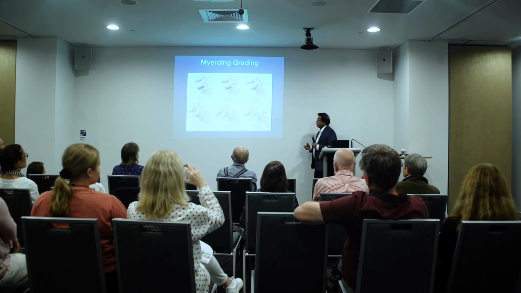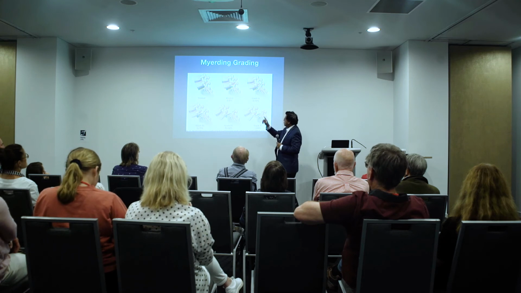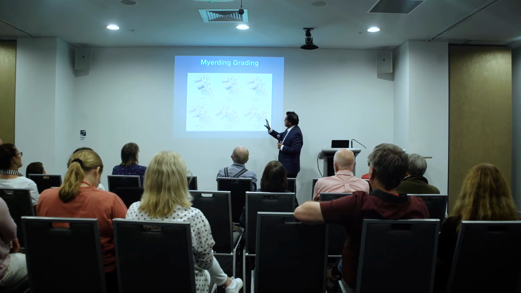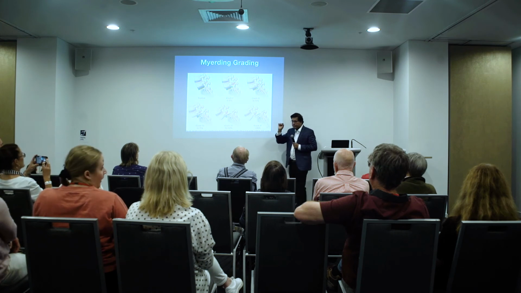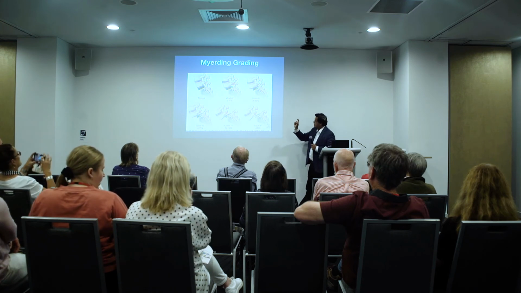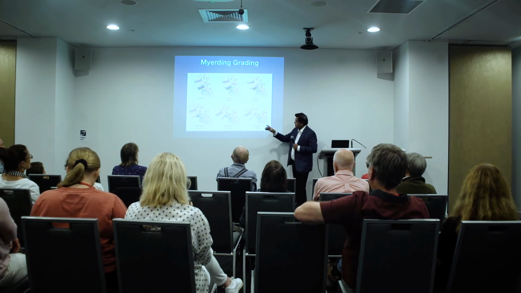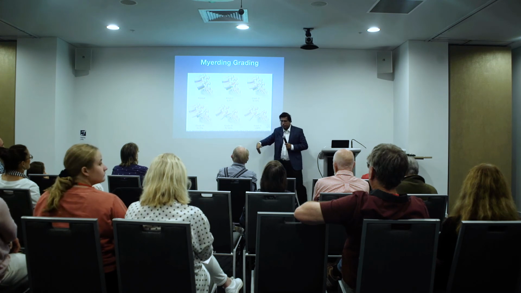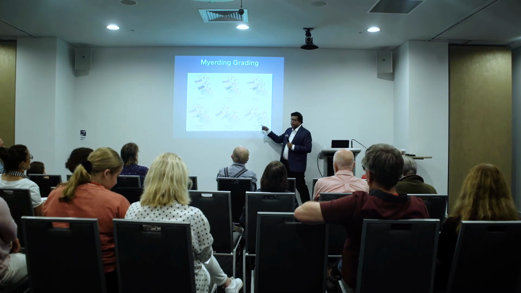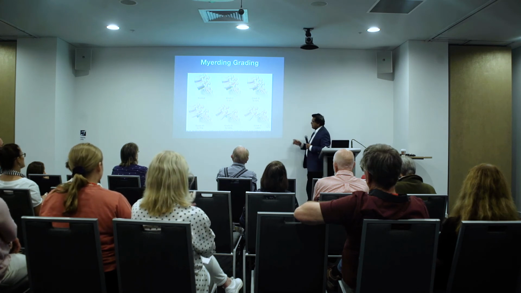We grade the spondylolisthesis using the Meyerding grading as 5 grades. Grade 1 is when there's a slip that is less than 25% of the width of the vertebra. Grade 2 is up to 50%, 3 is 75%, 4 is 100%, and 5 is when it goes off the top. This is called a spondyloptosis, so there's a complete dislocation of L5 on S1.